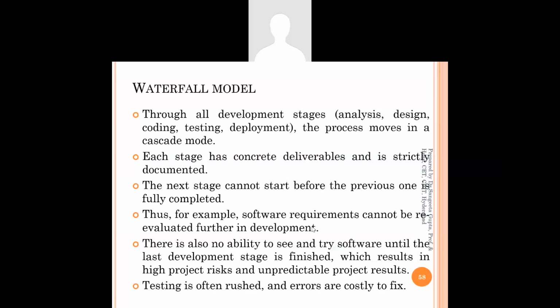There is also no ability to see and try the software until the last stage, that is, until the product is completely deployed, which results in higher project risk. And of course, the results also will be unpredictable. In this particular model, testing is often rushed and errors are extremely costlier to fix.